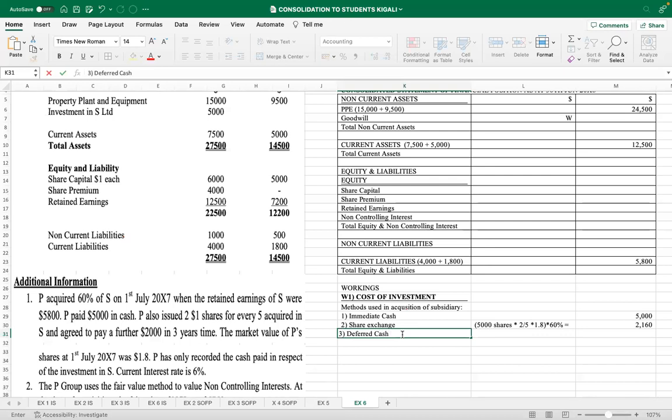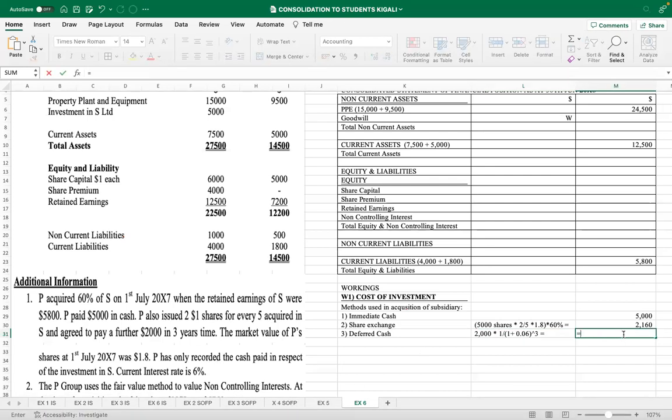So in deferred cash, if we recall what we said, it requires a further 2,000. You take 2,000 times 1 divided by 1 plus R. R is 6% in this case. The current interest rate is 6%, the same as 0.06, raised to the power of the number of years they were to pay after: 3 years. That gives you the discounted value, the present value.